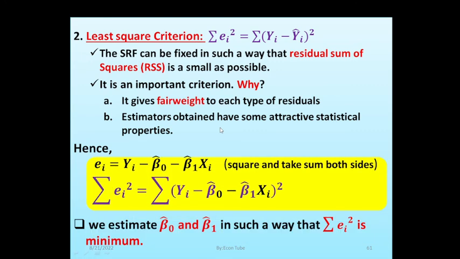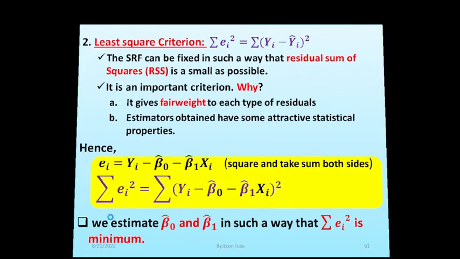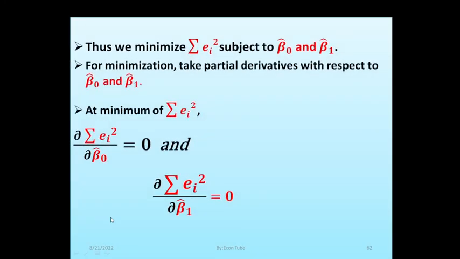Hence, the error term, after we square and take the sum on both sides, we get this. We estimate beta naught hat and beta 1 hat in such a way that the sum of squared error terms is minimized. So we minimize the sum of squared errors with respect to beta naught and beta 1 by using the first order condition for minimization.